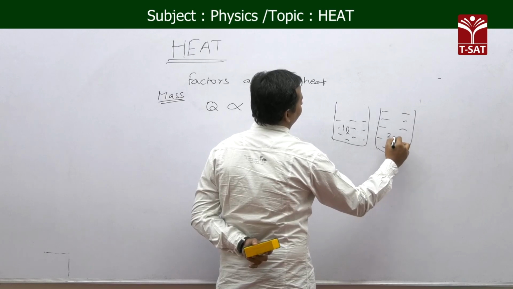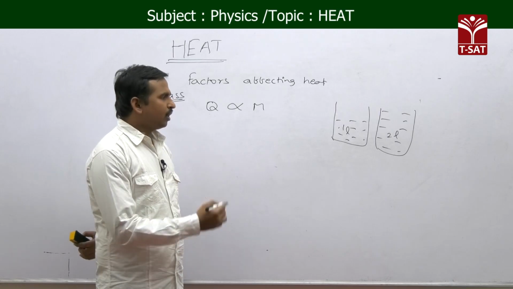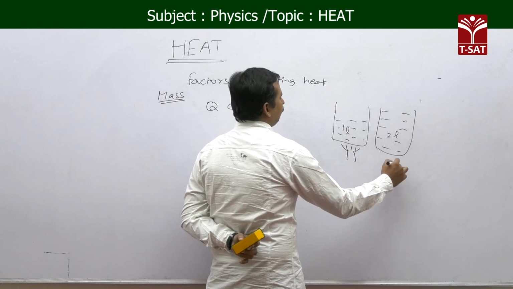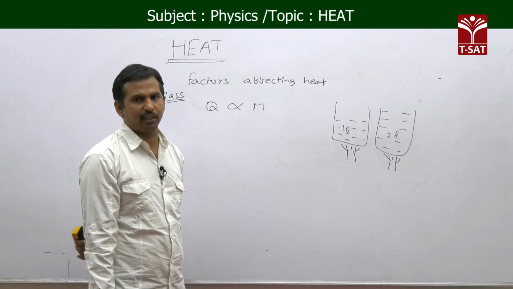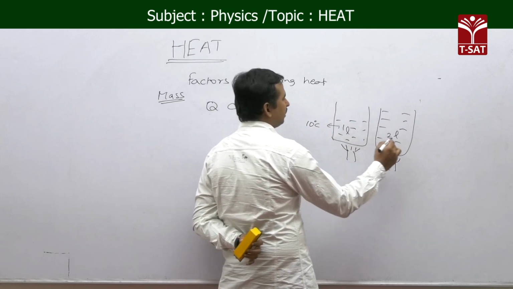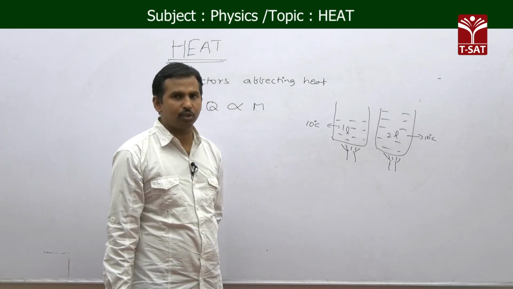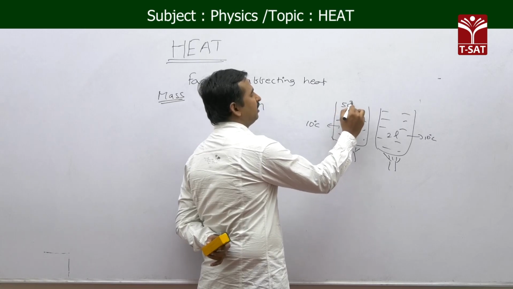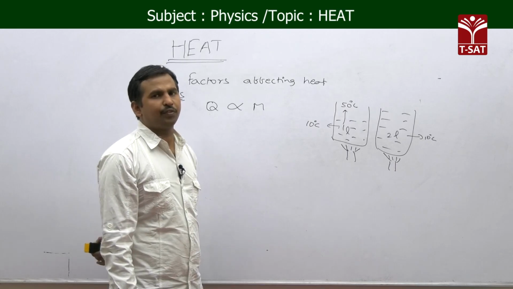I supply heat energy to both for the same time with the same amount of heat energy. Let the initial temperature be 10 degrees Celsius in both. The time taken for the 1 liter of water to reach 50 degrees Celsius is very less; it reaches 50 degrees very fast.